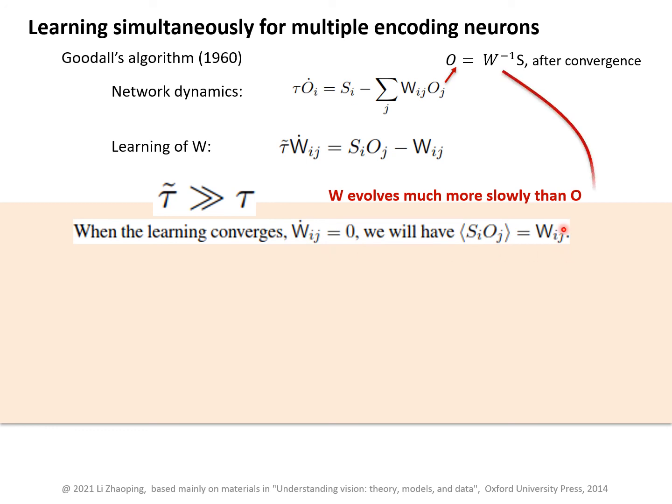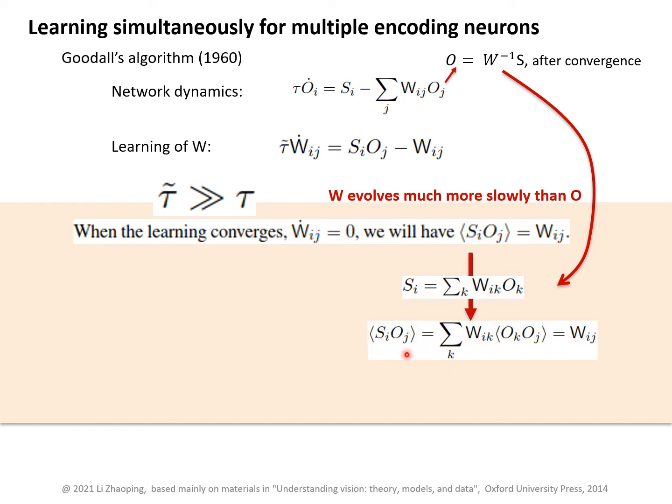Now, if we plug in what S is into that, we will reach this result. So S O now becomes this, and therefore this comes over. This is the equation that can only be achieved if the correlation of Ok and Oj is 0 between different k and j. So this learning rule achieves decorrelation among the output units.